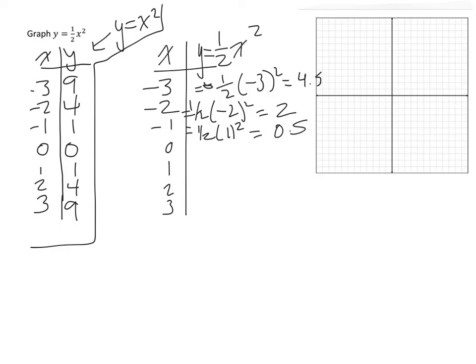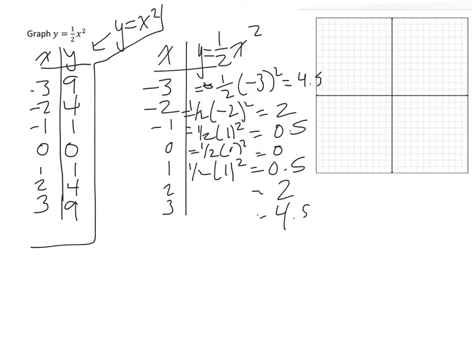And for this one it should be pretty easy. What is 1/2 times 0 squared? And that's going to be 0. And now I'm going to repeat some of the steps, and 1/2 times 1 squared is 0.5. And this is the moment you see it start to repeat, so that's 2. That's 4.5.